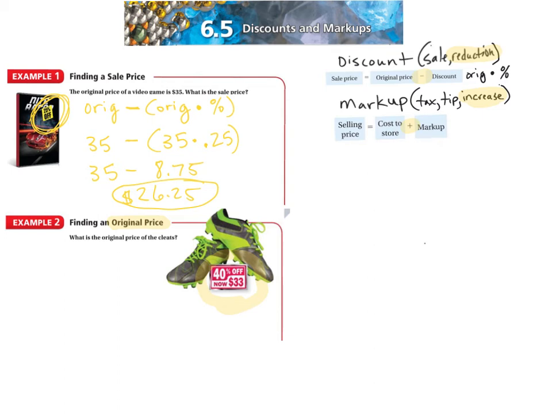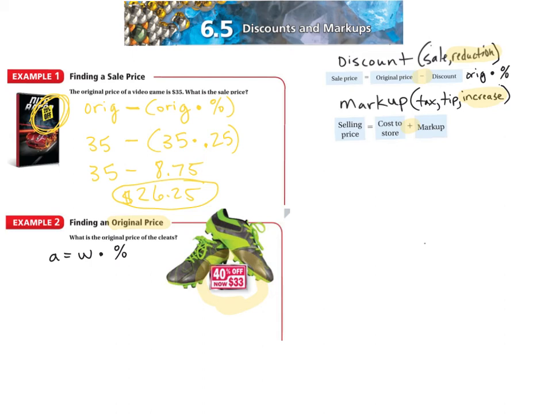Okay, so now when we have an original price, this is why the percent equation comes into play, and why I made sure to teach this. So if we remember, A being the part is equal to the whole times the percent as a decimal, right? All right, so here's the thing. We don't want to know what 40% of 33 is, okay?